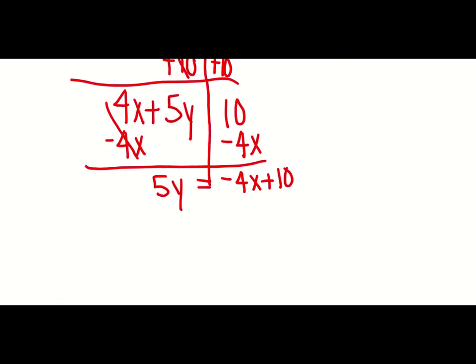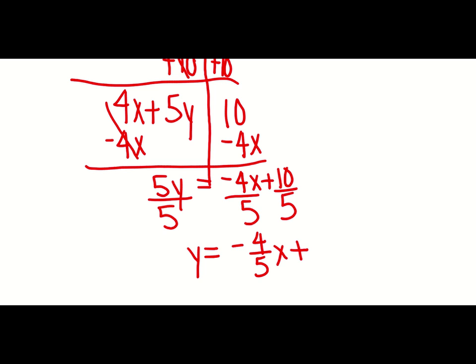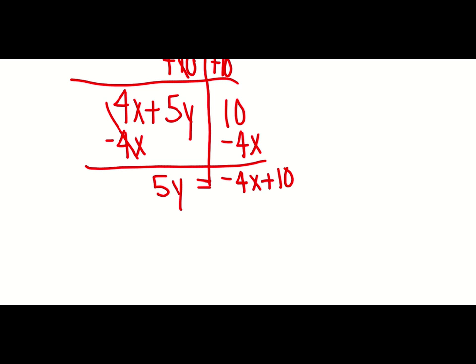And then I need to divide everything by 5. So y equals negative 4 fifths x plus 10 divided by 5 is 2. So our slope-intercept form of the equation is y equals negative 4 fifths x plus 2.